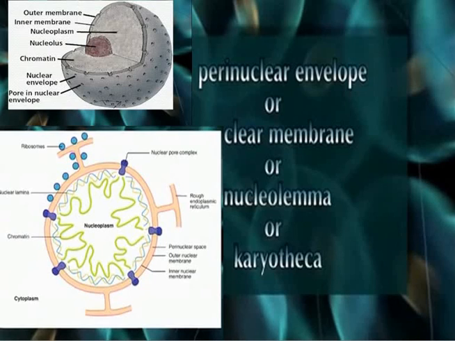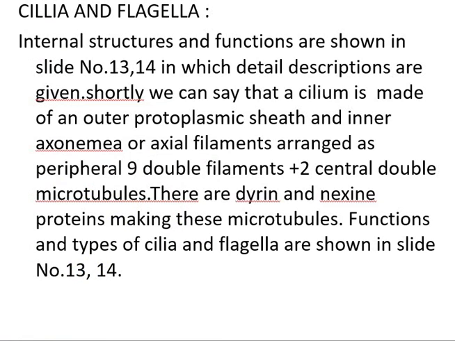Perinuclear envelope, nucleolemma, and karyotheca are four types of names given to a single structure, that is, the nuclear membrane.